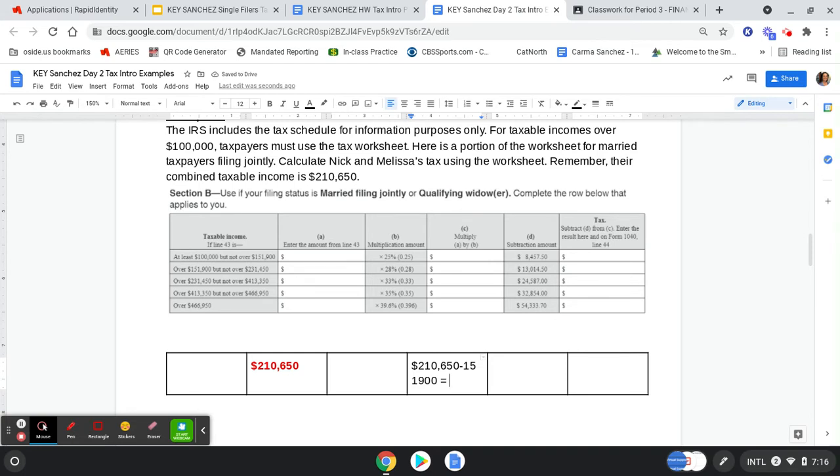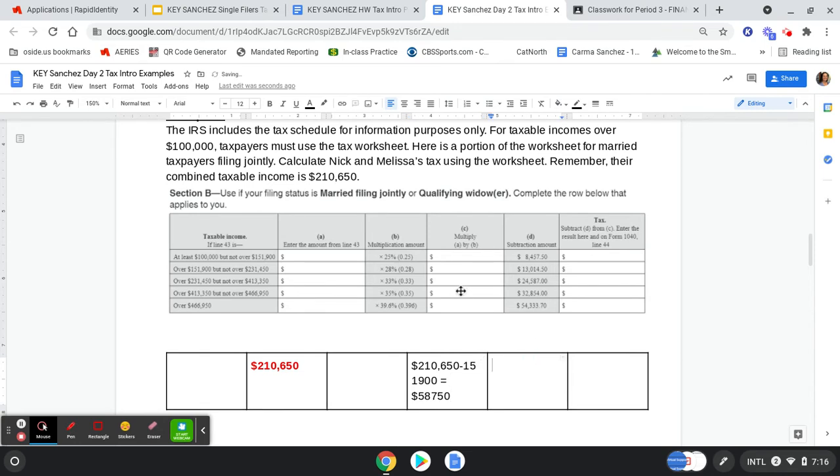So grab a calculator and do that. 210,650 minus 151,900 is 58,750. And then if I follow that all the way across, it says subtraction amount.